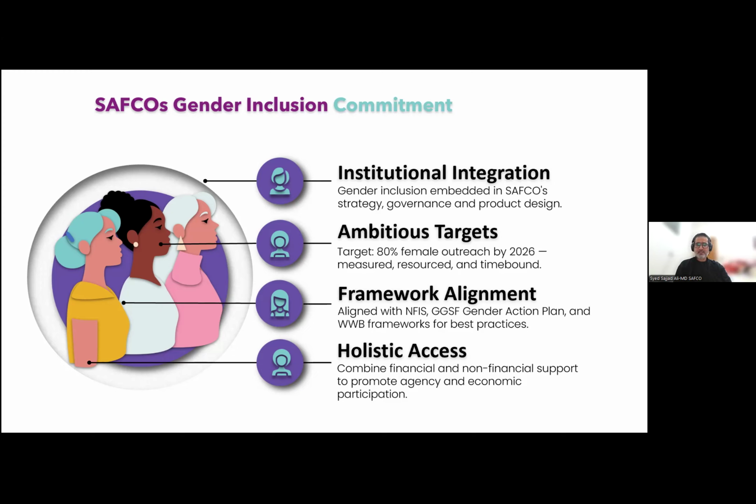And lastly, holistic access is one of the key commitments of this approach. We would like to provide combined financial and non-financial support to the borrowers, specifically women, to promote agency, networks, and economic participation of women. So as a for-profit institution, we now plan to offer shareholding to our borrowers, so they can purchase shares of the company and become owners and partners of the institution.